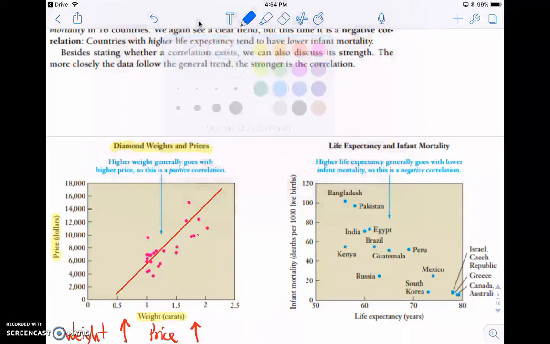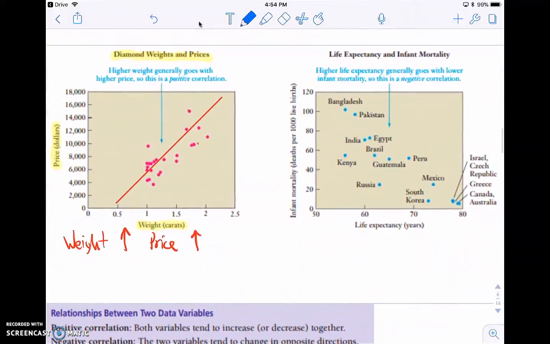Now this next graph on the right hand side, we're looking at life expectancy and infant mortality rates. And notice, even though they're quite scattered, we do take on this downward trend.